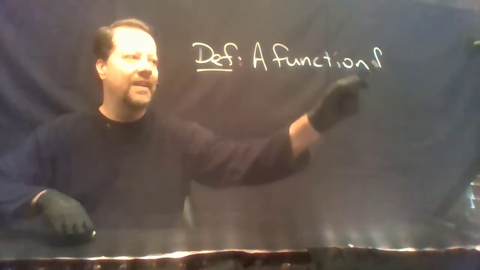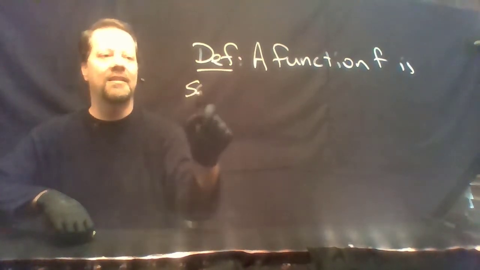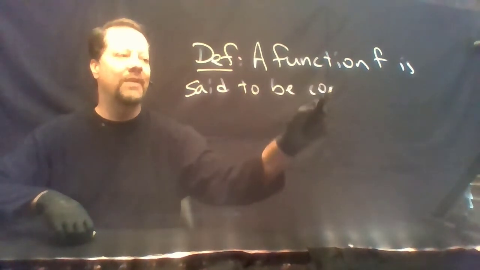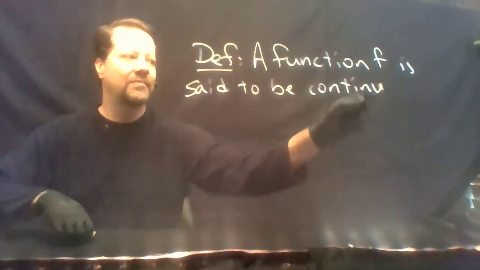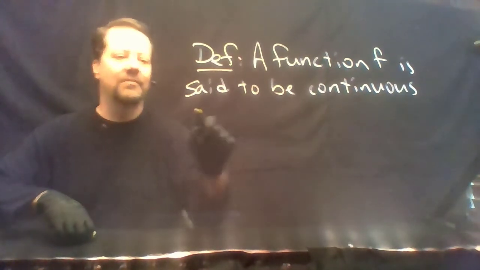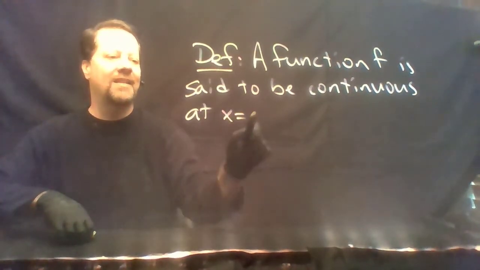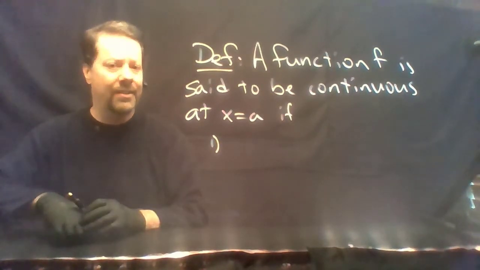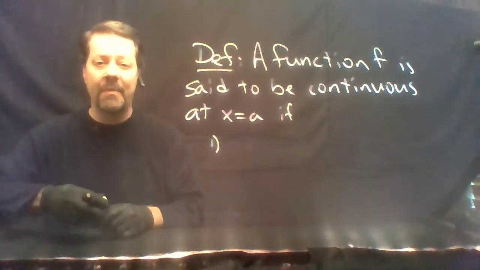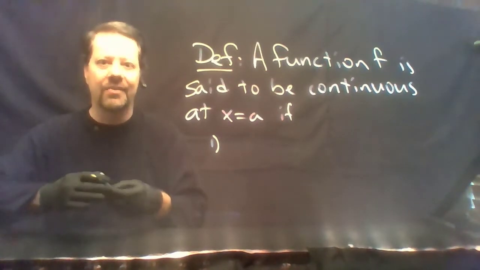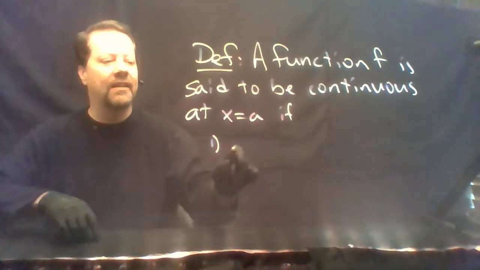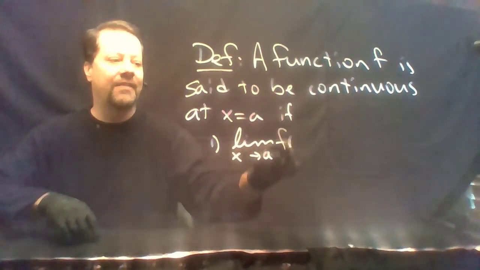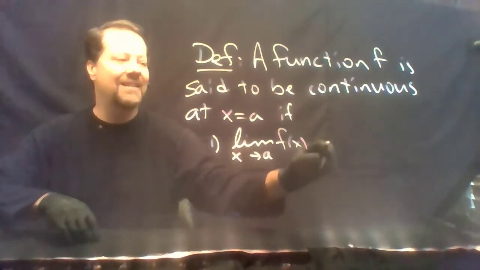A function f is said to be continuous at x equals a if the following three conditions hold. I want you to remember there are three conditions in the definition of continuity. First of all, the limit as x goes to a of f of x must exist.